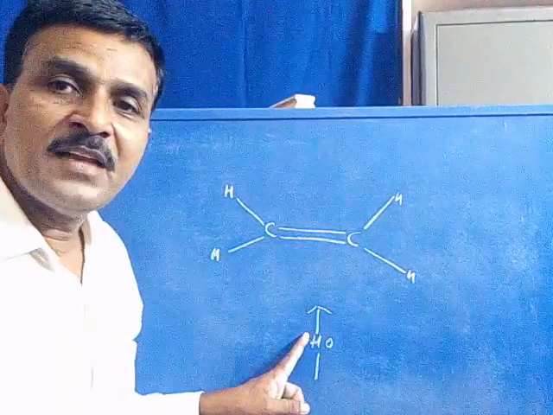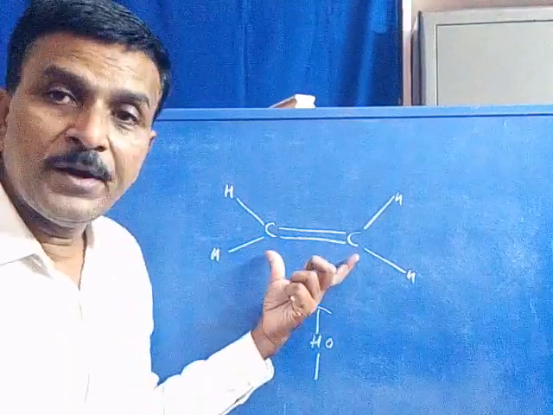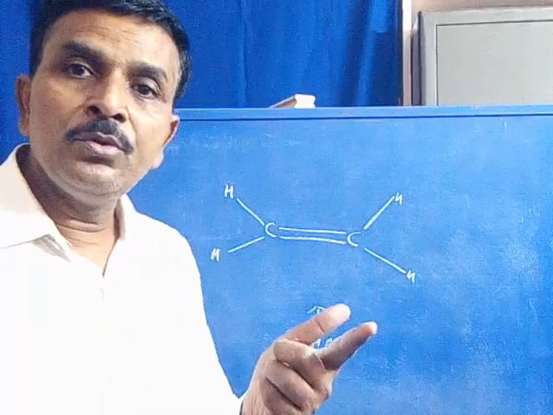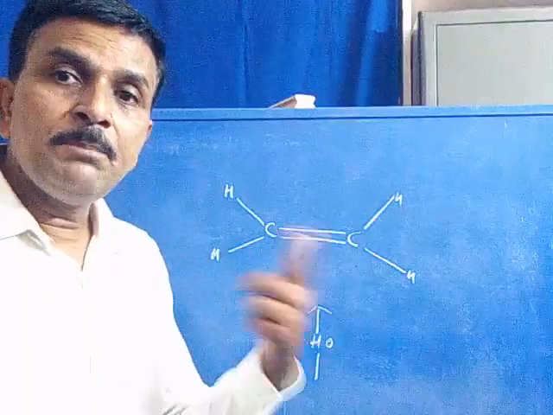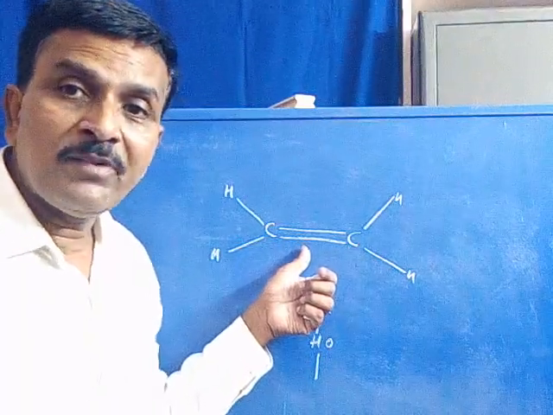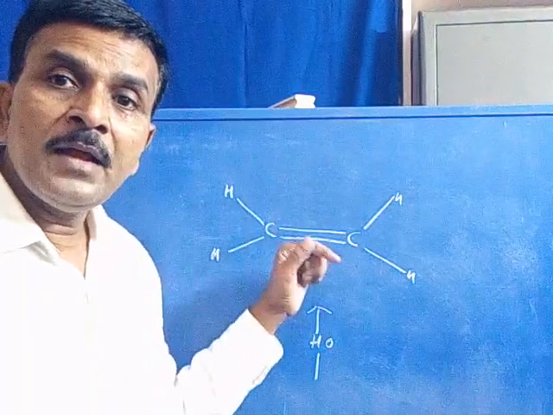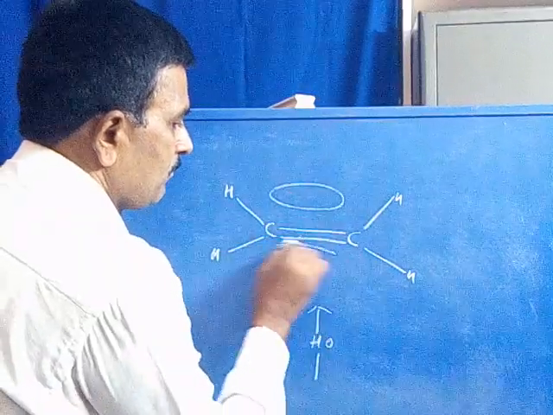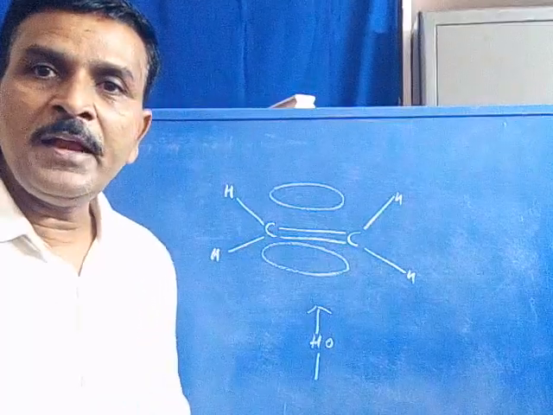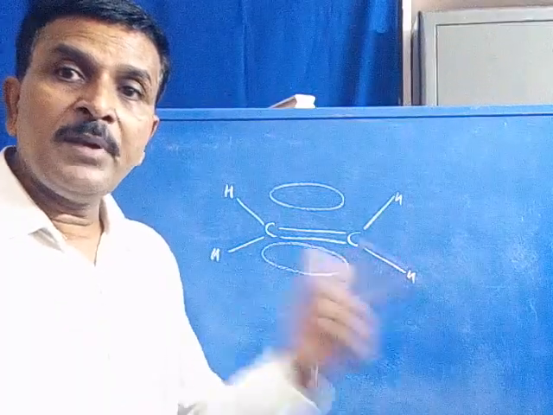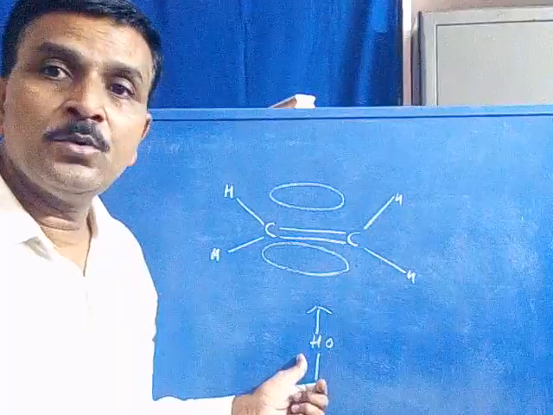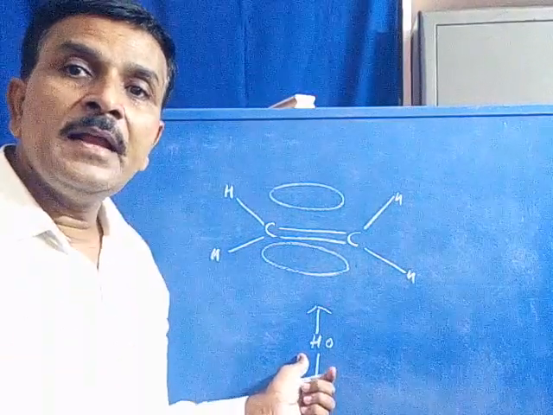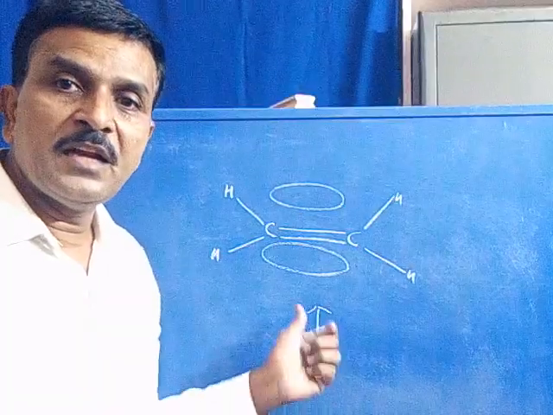When we apply external magnetic field to the molecule, this magnetic field will induce the pi electron cloud of the alkene to circulate above the plane and below the plane, in a perpendicular direction, at a 90-degree angle with respect to the external magnetic field.